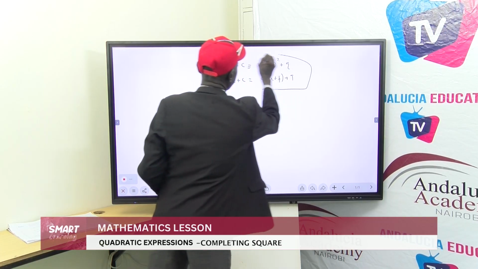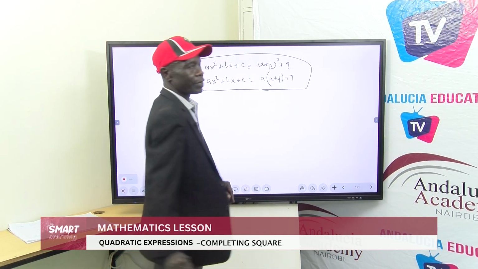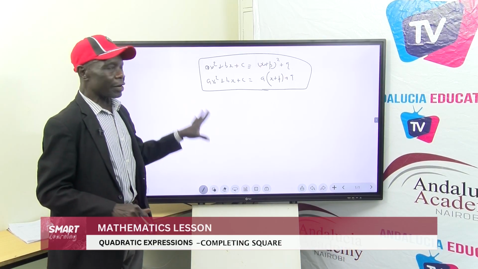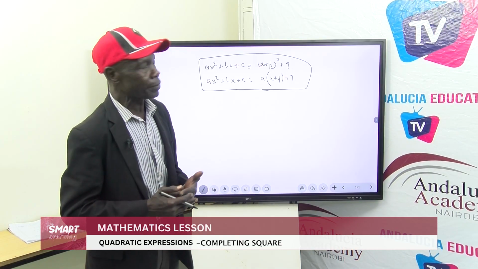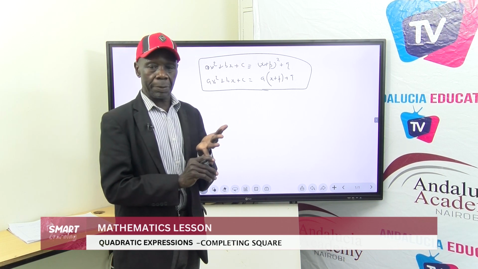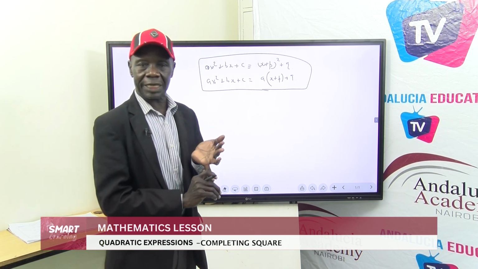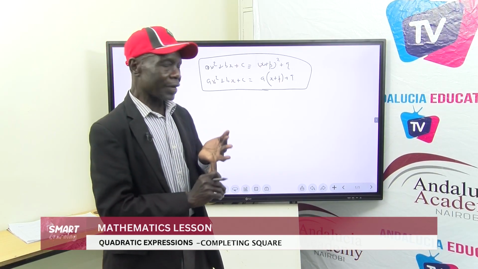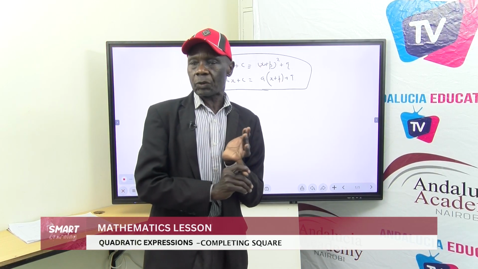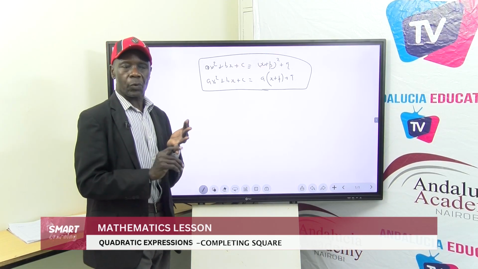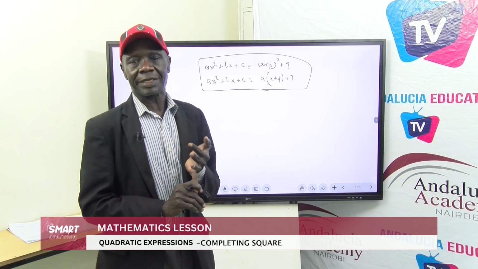And that will complete the way you get your completion of squares. I hope you have understood all what we have been doing. At least now you should be able to factorize quadratic expressions, solve equations using factorizing, complete squares, and solve quadratic equations by completing squares.